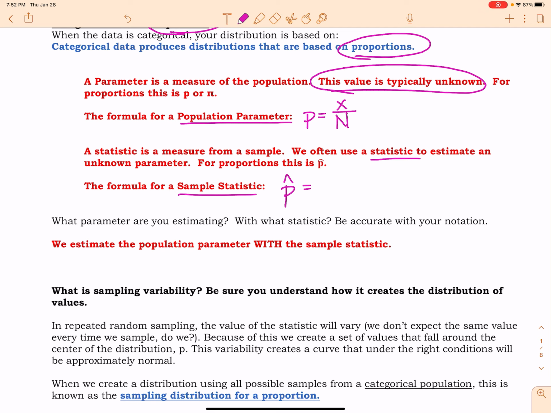So p hat is going to equal X over little n, representing a sample of a specific size that we feel is a good representation of the population. When we're estimating the population, we want to estimate that with a sample statistic.